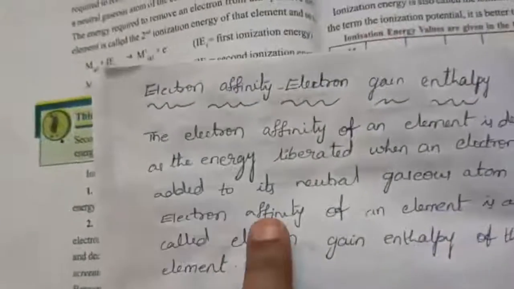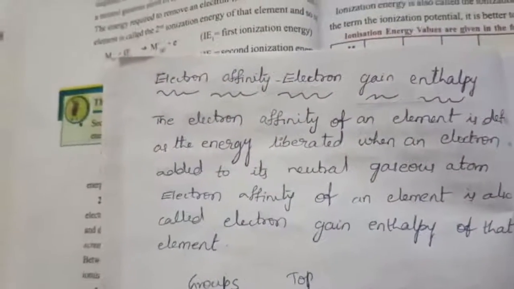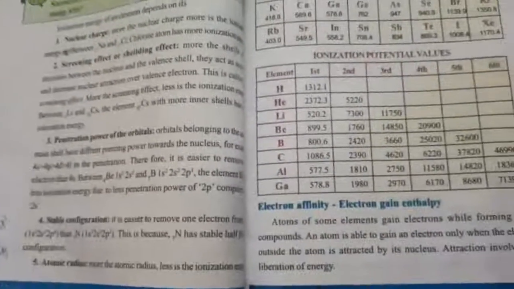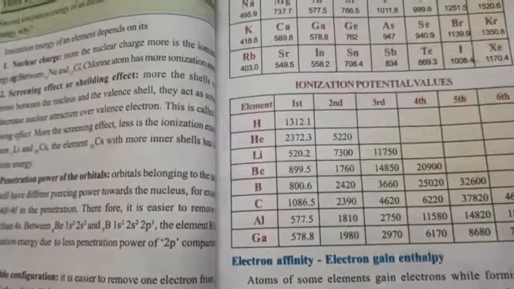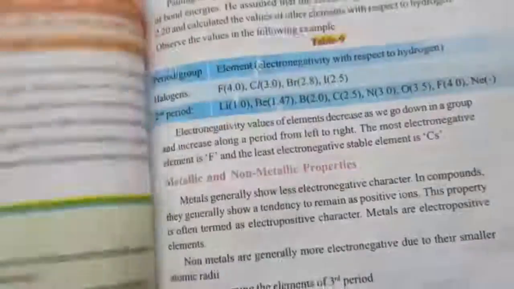And next I want to tell about the electron affinity or electron gain enthalpy. Electron affinity means the atoms of some elements gain electrons forming ionic compounds. Here it is exactly the reverse of ionization energy, children.